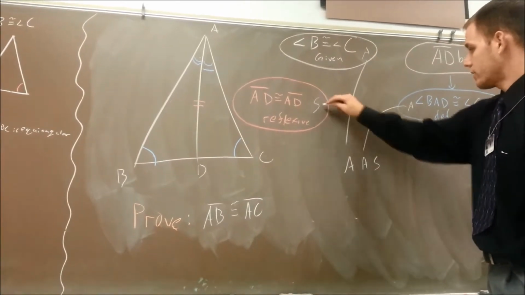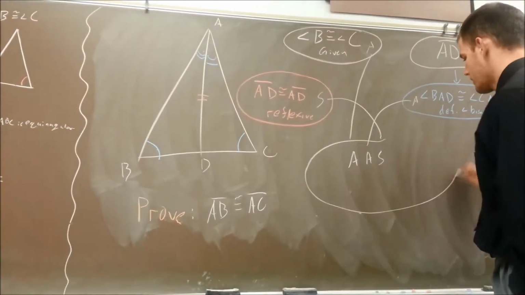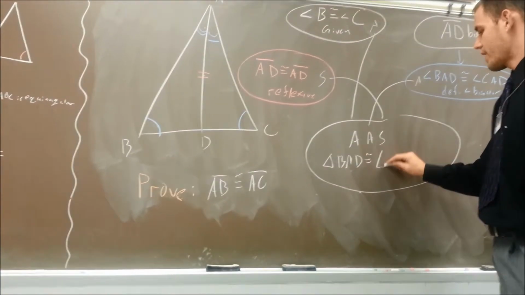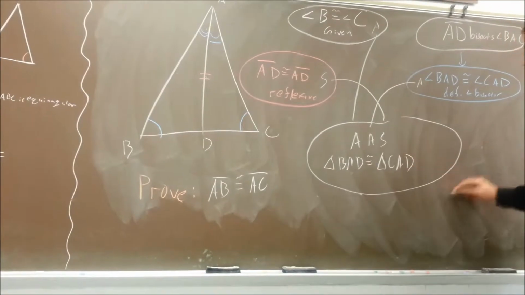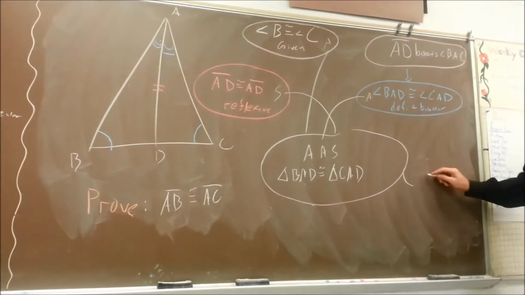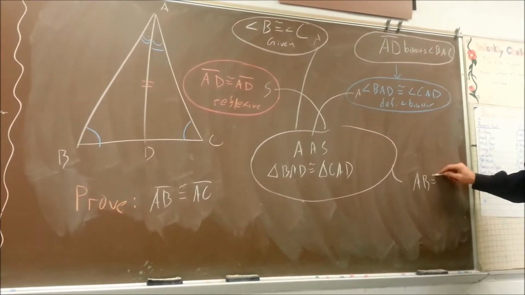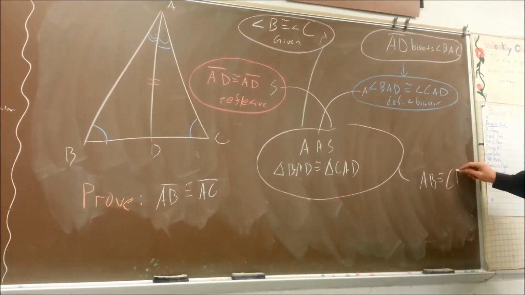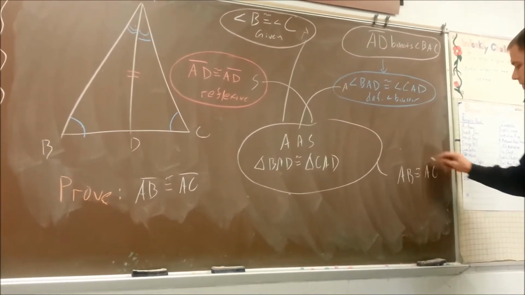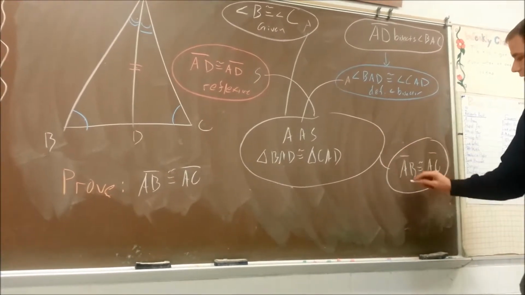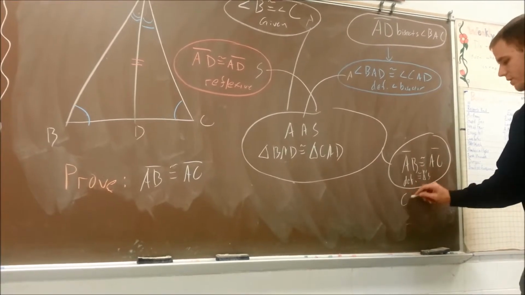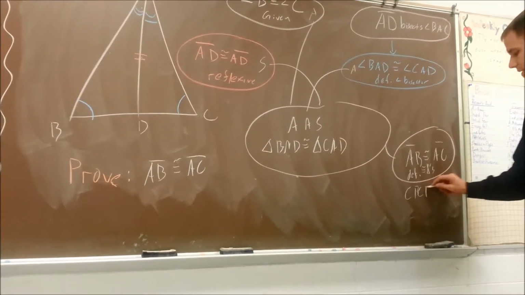Angle, angle, side allows us to say triangle BAD is congruent to triangle CAD. But then, of course, if the triangles are congruent, that means everything's congruent. So that means AB is congruent to AC by definition of congruent triangles. Or, as the book likes to call it, CPCTC.